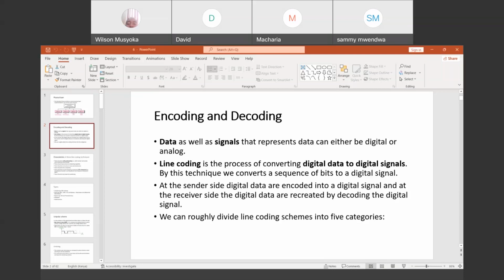So that is where data is normally changed, where we are talking about data being represented as either digital or analog. So within the computer, that data is going to be digital. Digital means that data is being represented by bits. Bits are represented by either a 1 or a 0.